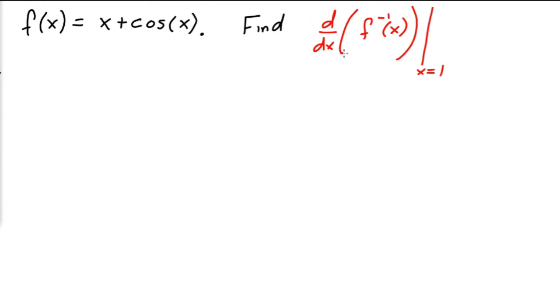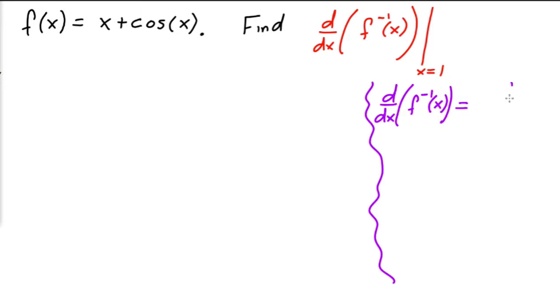Okay, so this question is giving you a function, x plus cosine of x, and then it wants you to evaluate the derivative of the inverse at 1. Well, you can't actually find the inverse of this function explicitly. And remember, you had that formula that the derivative of f inverse is equal to 1 over f prime at f inverse of x.